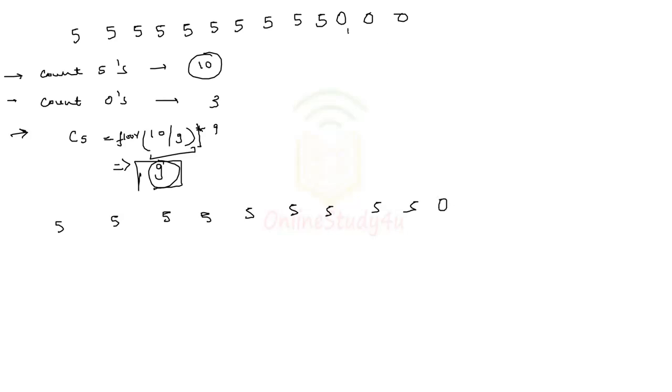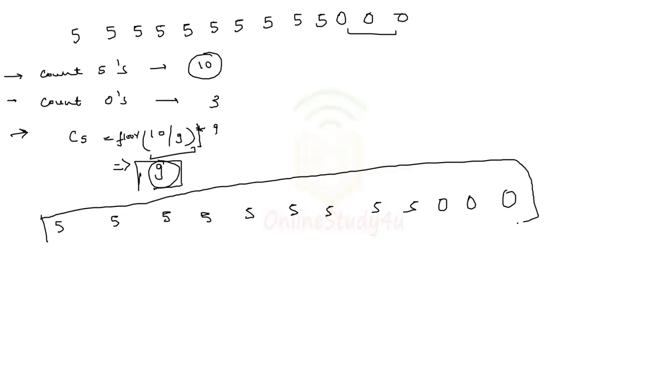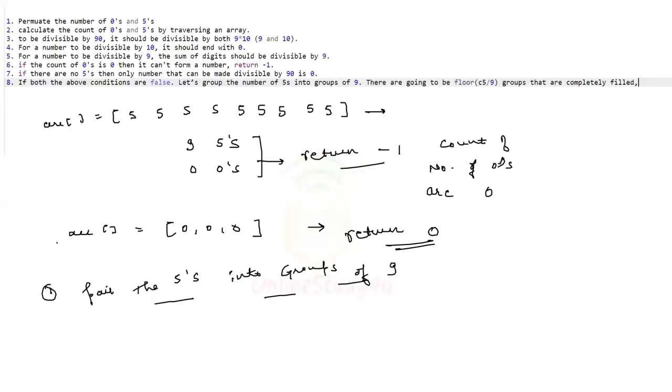Here I was having 3 zeros, so I have added 3 zeros at last. So this is the largest number that we get by pairing the fives into groups of 9 and adding as many zeros as we were having in your array.